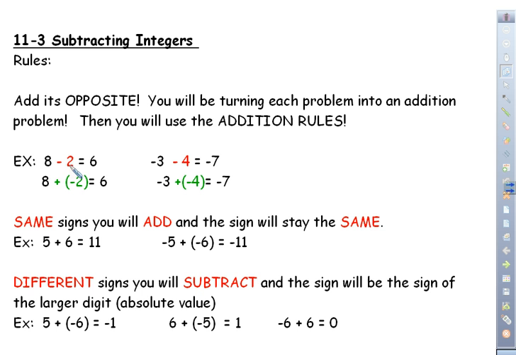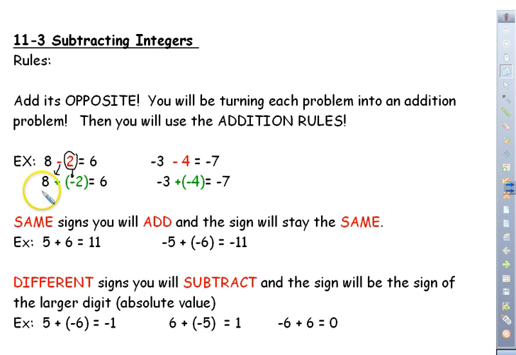This is where sometimes the confusion sets in for some of you. But this is a positive 2. It's subtracting 2. So the opposite of a positive 2 is a negative 2. This became a plus sign, and this becomes a negative.